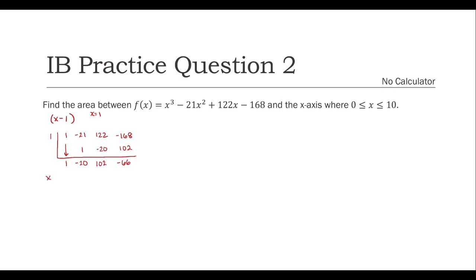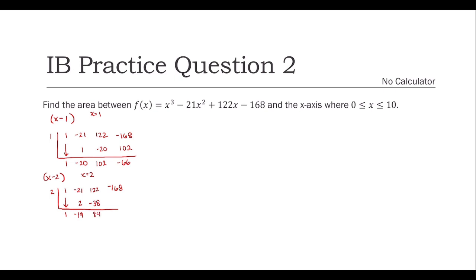So now we'll try x minus 2 to see if we have a 0 when x equals 2. So we'll put a 2 here, with our 1, negative 21, 122, and negative 168. Bring down the 1. 1 times 2 is 2. Negative 21 plus 2 is negative 19. Negative 19 times 2 is negative 38. 122 minus 38 is 84.